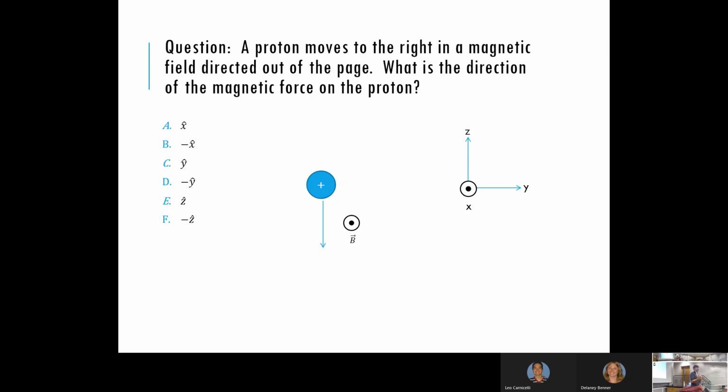Which brings me back to this question. What happens when the force is perpendicular to the direction of motion? Constant. What's constant? The velocity. Velocity is a vector. It has a magnitude and a direction. So which piece is constant, or are both of them constant?